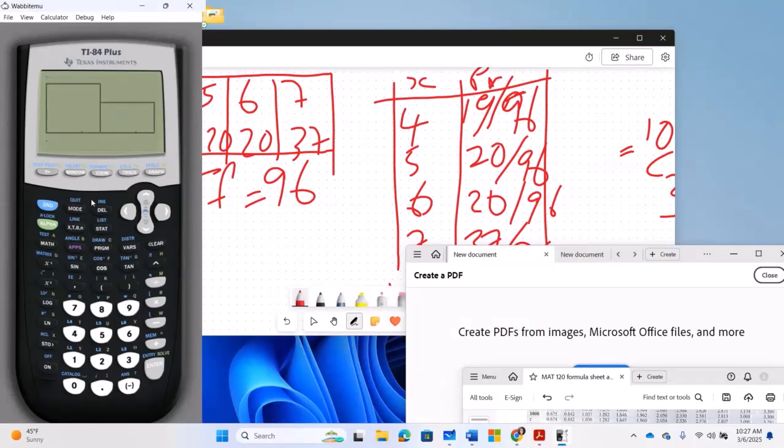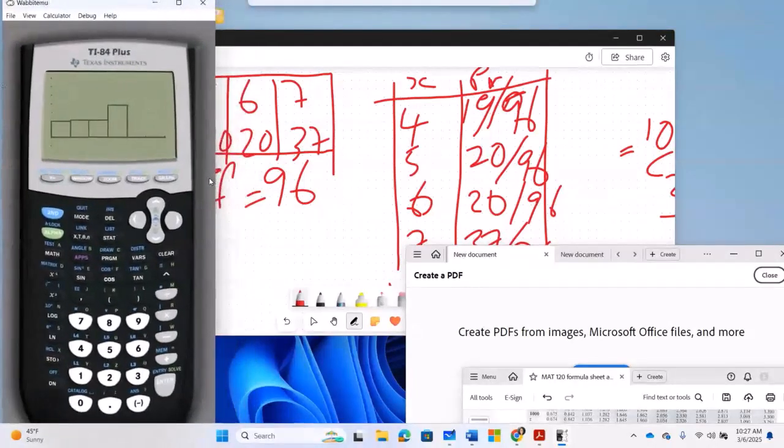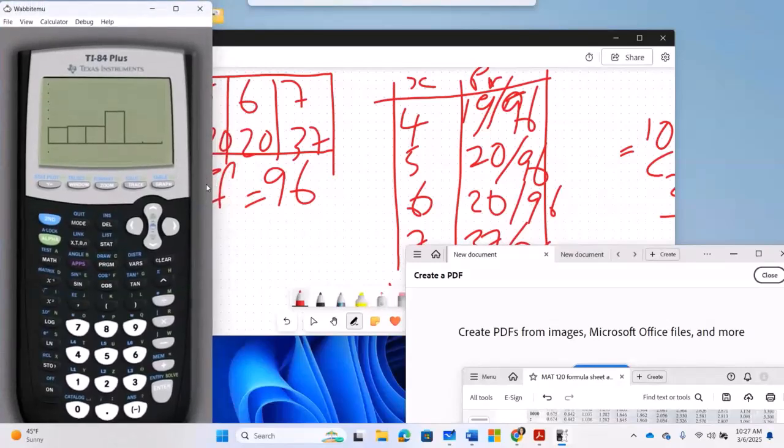Okay, I actually want to go to Window. The X scale should be 1. The Y scale should be 1, and I am going to graph this time. It's not supposed to be connected. Not sure why it's connecting, so I just put the number 1 because I'm drawing.